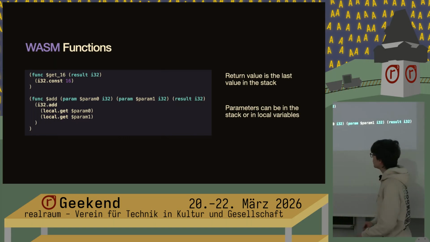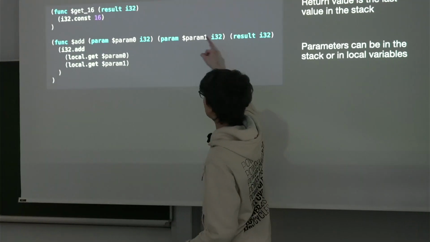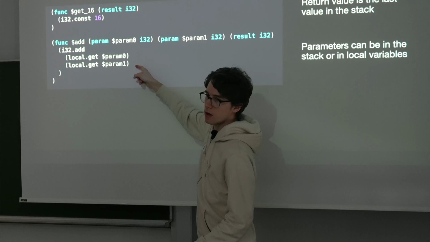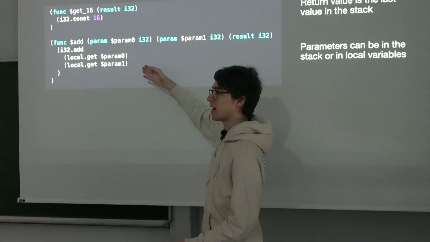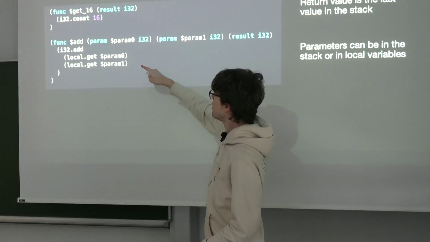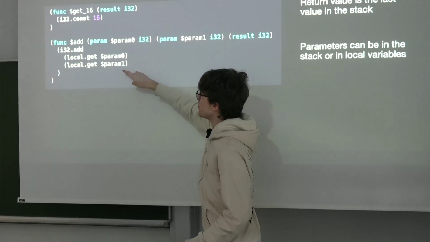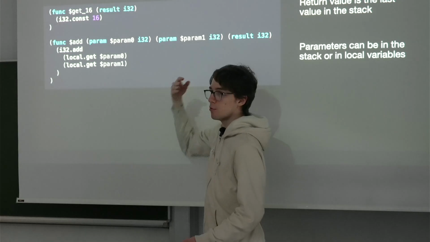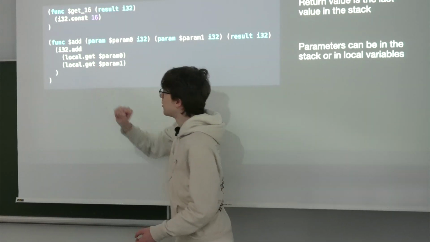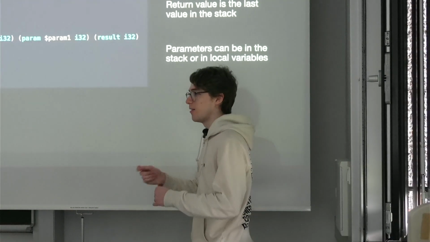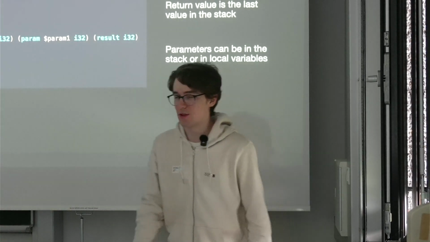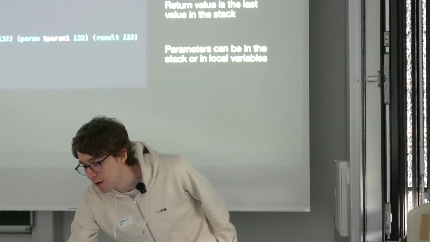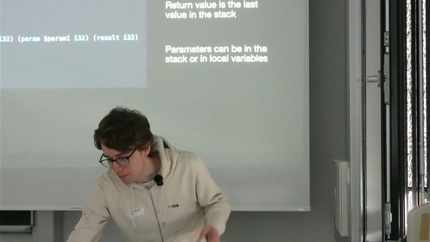You can also have parameters that you can get as local variables. So this is how you would implement an addition function in WebAssembly. You get one parameter, and it gets pushed into the stack, and then the next, and then you do add, which adds them together, puts the result on the stack, and that's the return value. And as you can see, it's very low level, but there is not much to know about it.